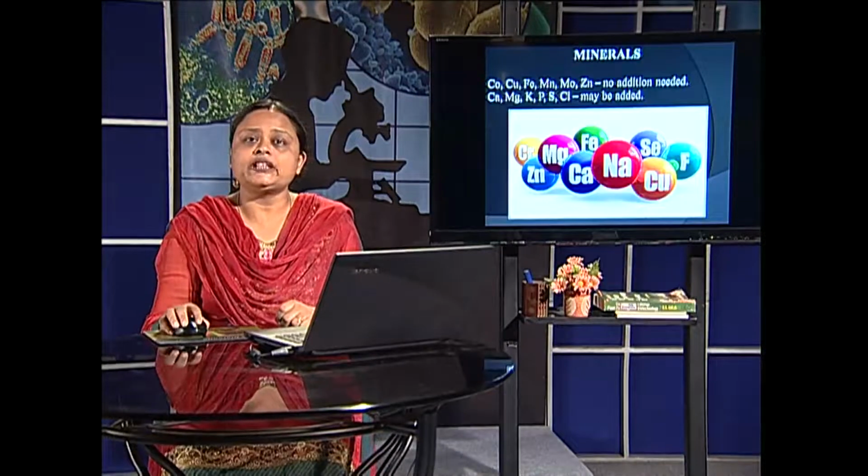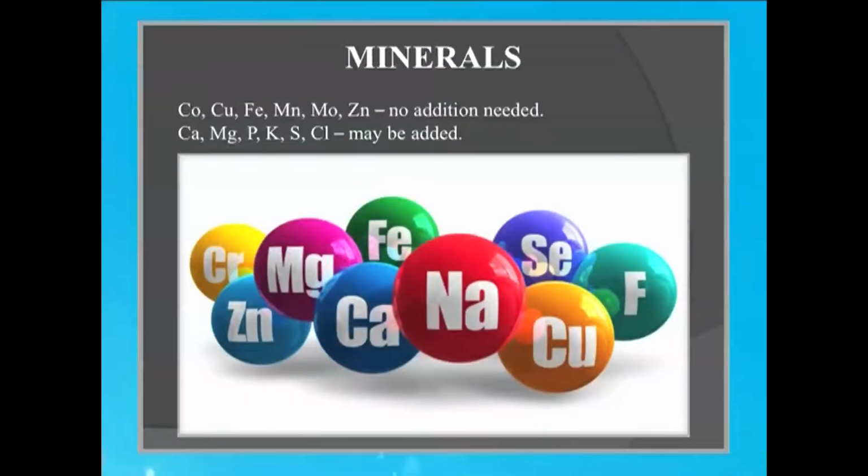Minerals are equally important. Growth can even be stopped if minerals are not used in the proper amount. Mostly, cobalt, copper, iron, manganese, molybdenum and zinc require no addition because other crude material like molasses and corn steep liquor will provide these. But the calcium, magnesium, phosphorus and potassium at times require addition.